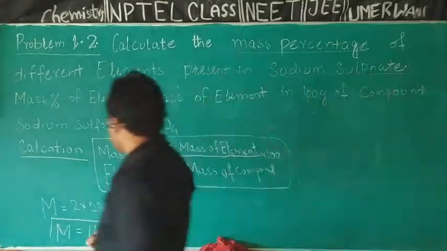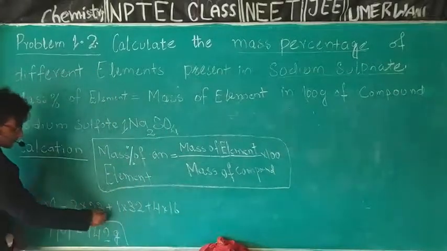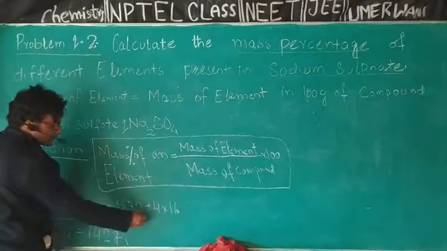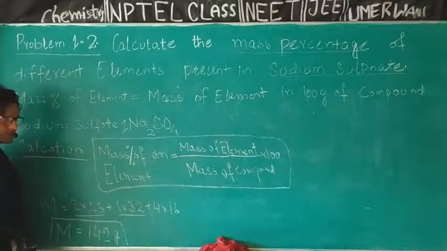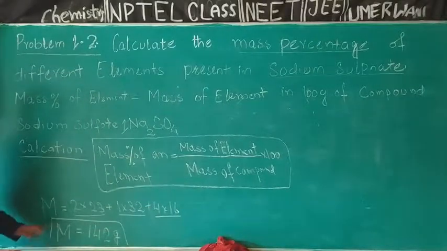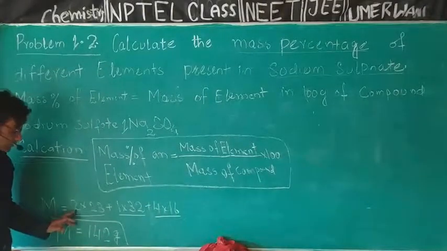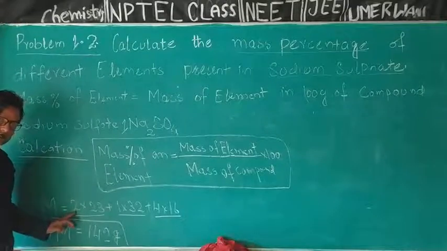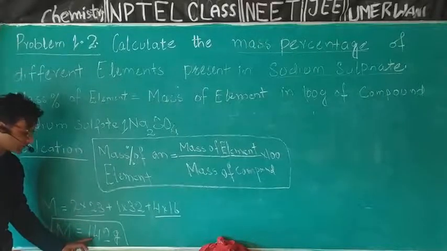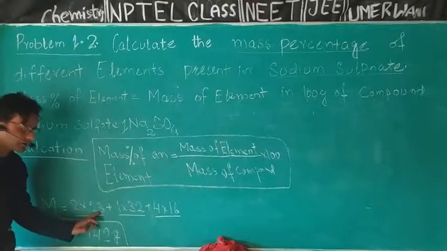Mass of sodium in it is 2 into 23, mass of sulfur is 1 into 32, and mass of oxygen is 4 into 16.